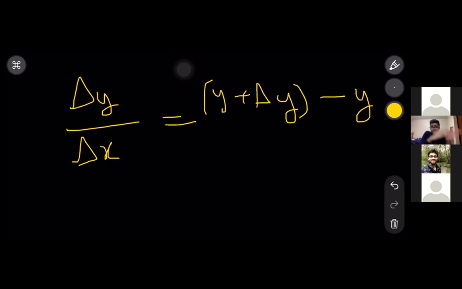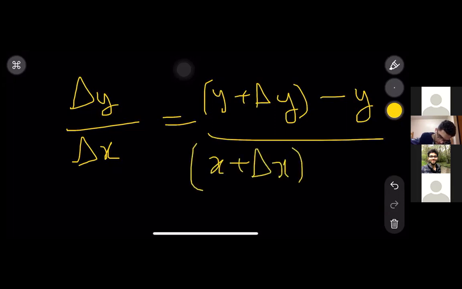So the change should be y plus delta y minus y. I know this is trivial. You can literally say that it's delta y, but I want to write this explicitly. We started off at y. We ended at y plus delta y. So our net change would be the ending minus the starting, which would be y plus delta y minus y. What happens to the x value? It becomes x plus delta x minus x.